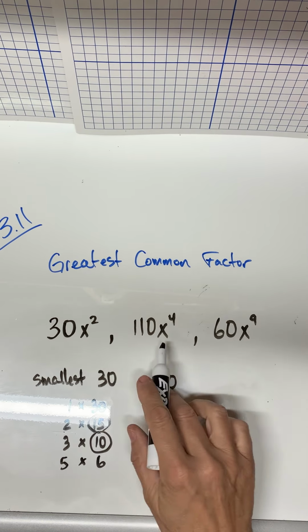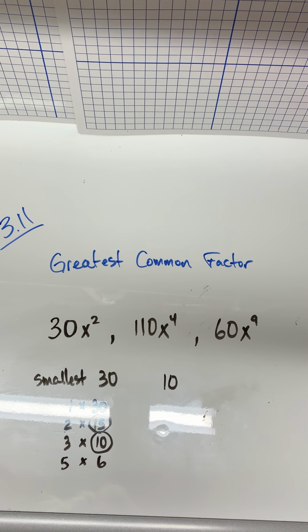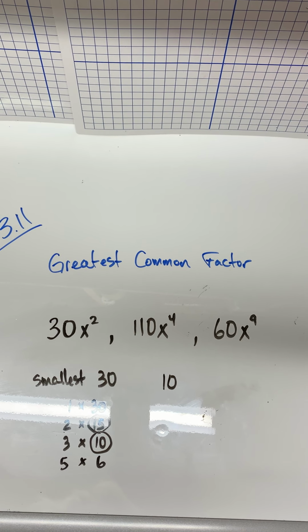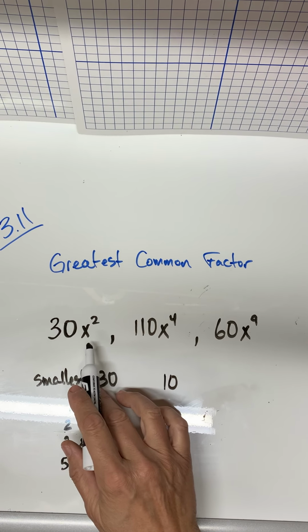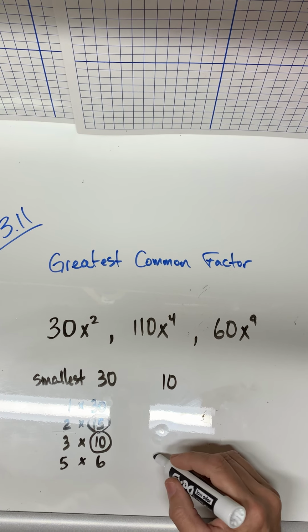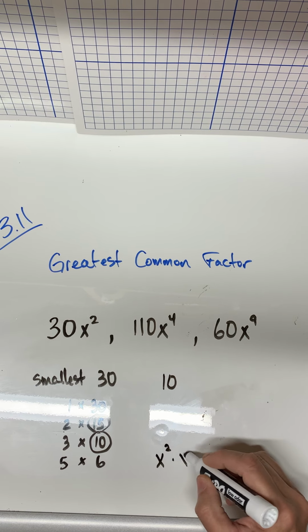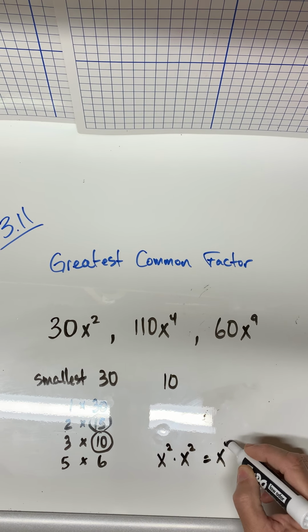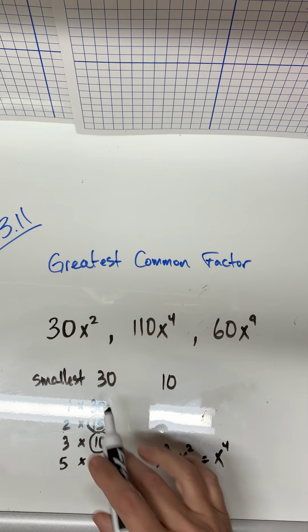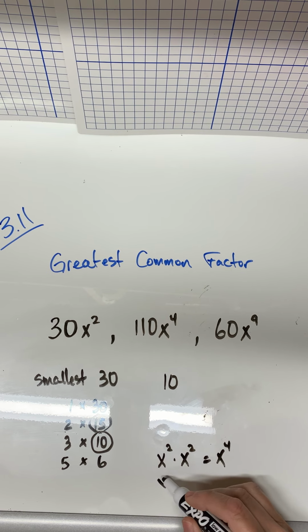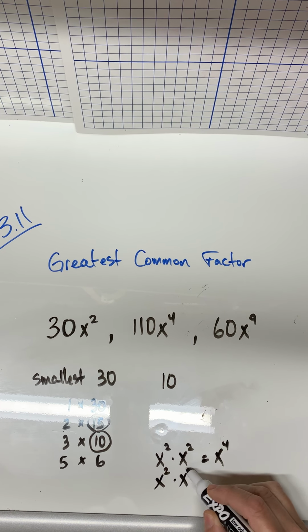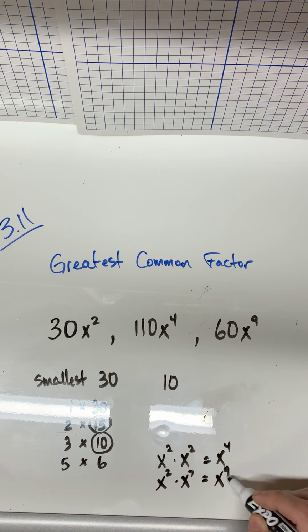Now, when it comes to the variables, that's actually the easy part, because x squared goes into x to the fourth because x squared times x squared equals x to the fourth. And x squared goes into x to the ninth because x squared times x to the seventh equals x to the ninth.